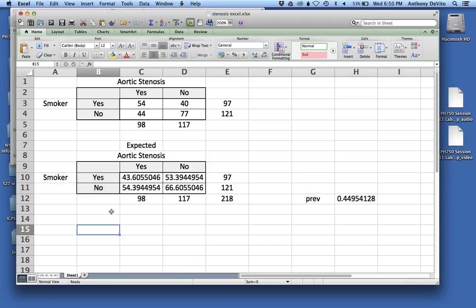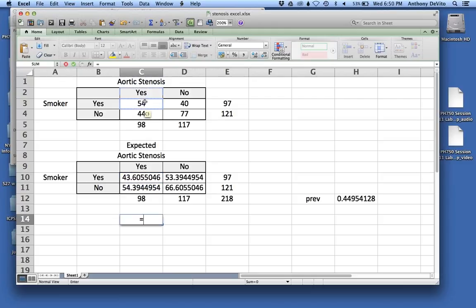Okay, so now we want to know, are these different? Well, there's a number of ways that we can do this. One way is we can see how different these numbers are from these numbers. For instance, in the observed values, I expected to see 43 in that box, but I got 54.